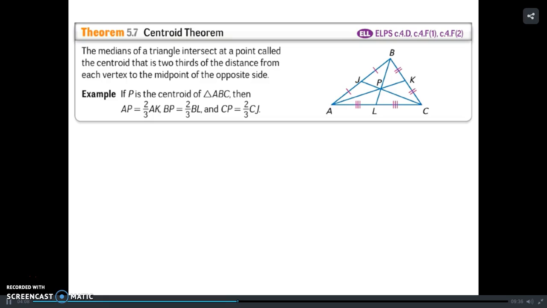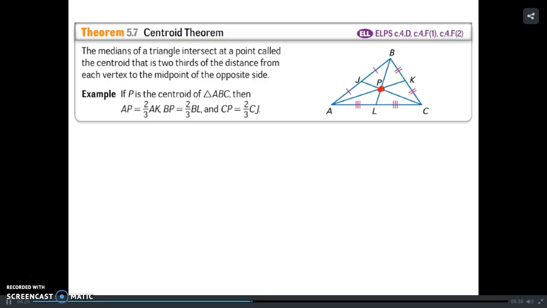So you're going to notice that this triangle here that they've given us in the example, triangle ABC, has 3 medians, and it also has our centroid. Point P is the centroid. Okay, so you can see that here in the center.